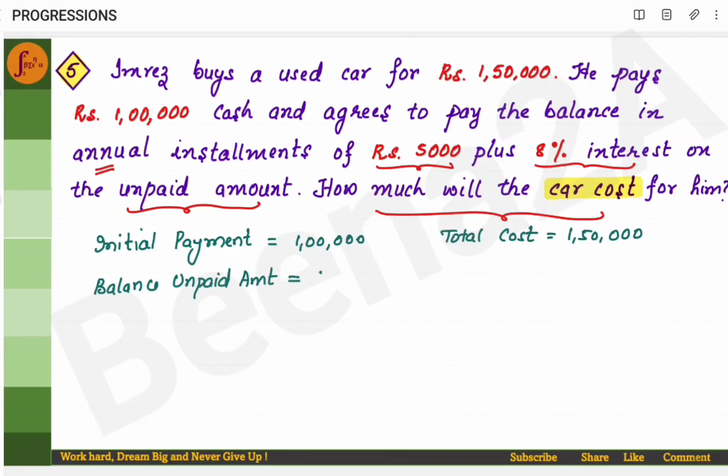Balance unpaid amount is 50,000. Right? 1.5 lakhs minus 1 lakh is 50,000 is what he has to pay. Per year he pays 5,000 rupees with 8% interest on remaining amount.